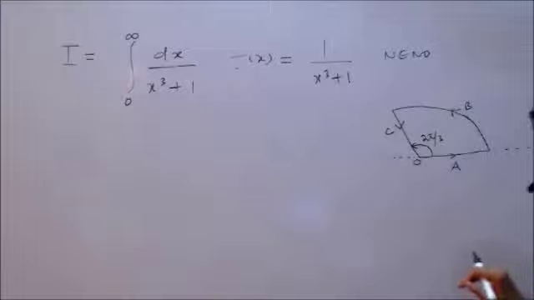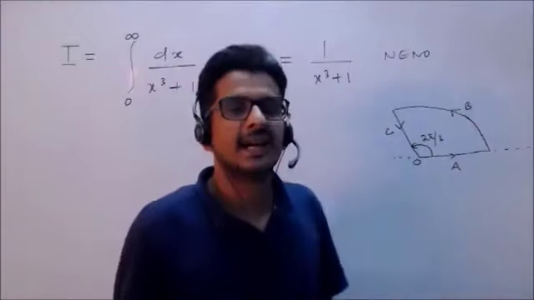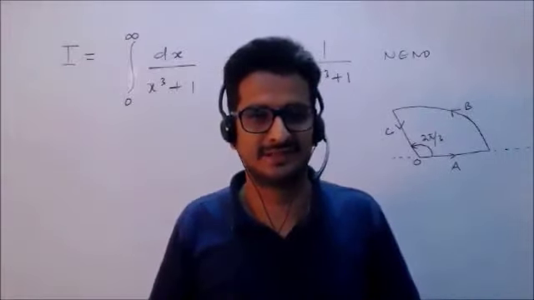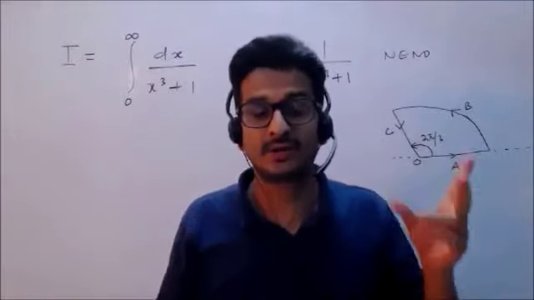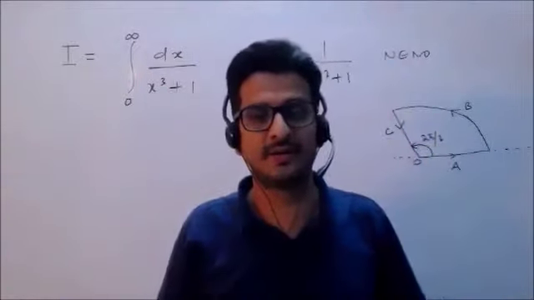And you may have a question: how is this contour assumed? You can also ask why that minus infinity to plus infinity contour was assumed.